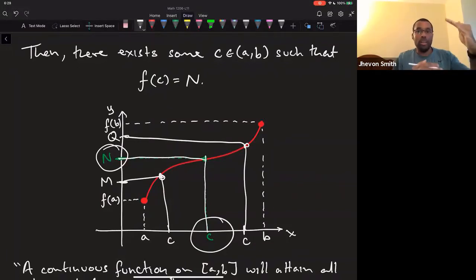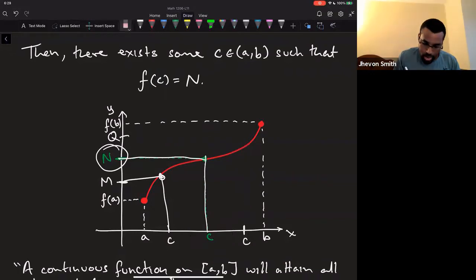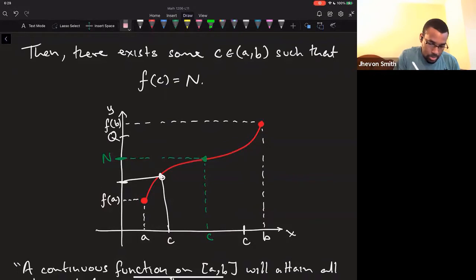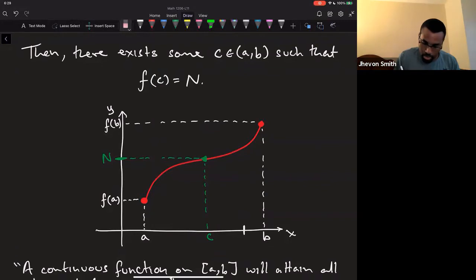So if you know any y value and there's a y value in between them, there will be an input that will give you that y value as an output. And that is important for all sorts of reasons. But okay. So that's what that is saying.